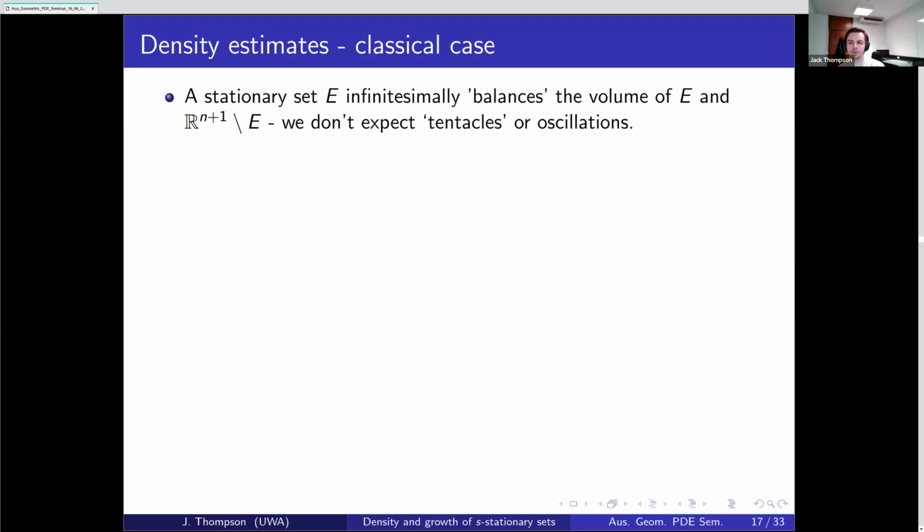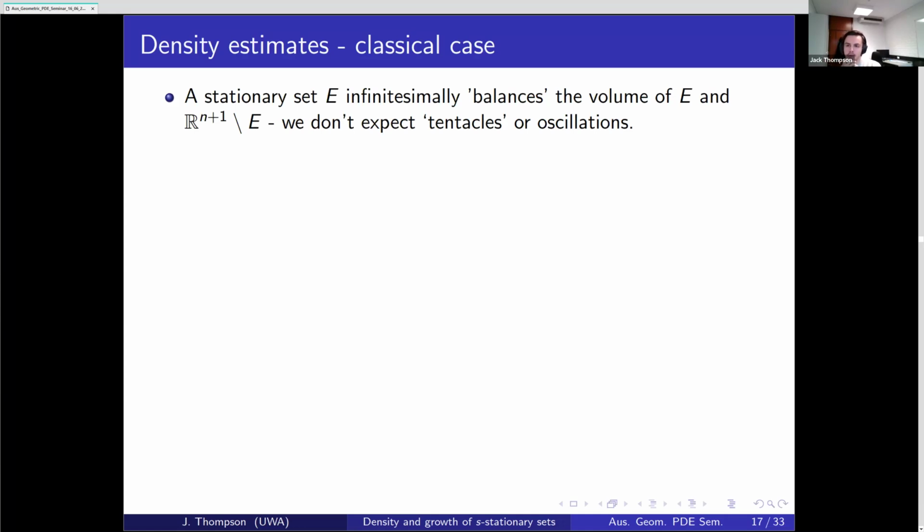So the first result has to do with density estimates. It's always good to begin with the classical case before we move to the non-local case. So in the classical case, a stationary set E, so 0 mean curvature, infinitesimally balances the volumes of E and its complement, in some sense.